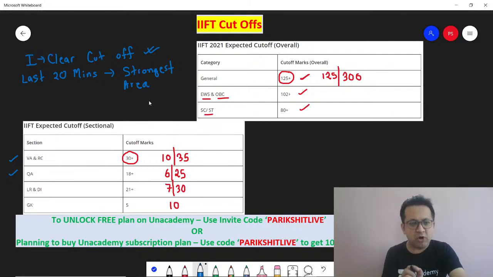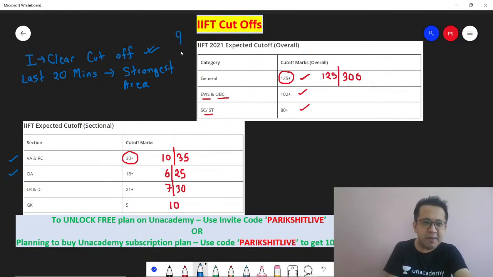Spend some time on your strongest area and maximize the overall score. Why do I say this? Because this way you ensure that you have cleared the cutoffs for each individual section, and the last 20 minutes is only for getting the maximum possible score overall by playing on your strong area.